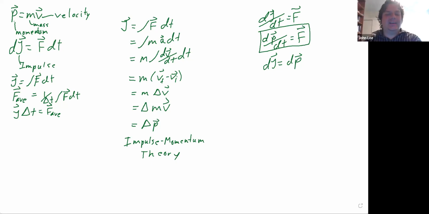So that is pretty simple so far. Momentum isn't all that crazy, but I'm going to go on about conservation of momentum, which is also not that ridiculous of a concept.